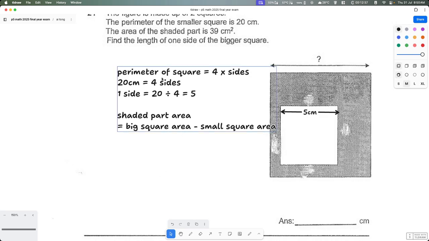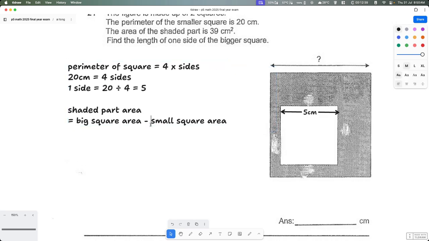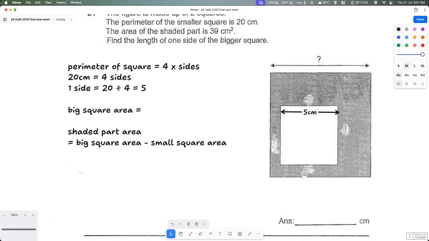So that means we need to get the big square area, which in this case is 39 centimeters square.